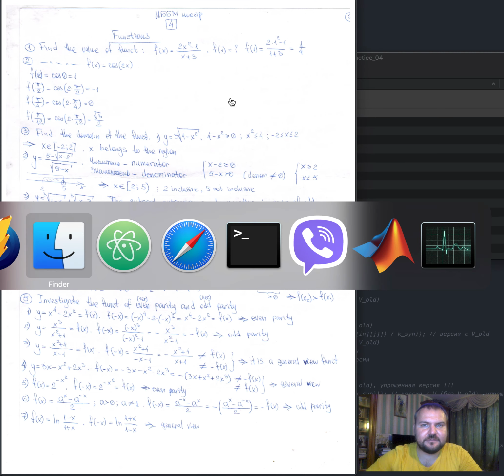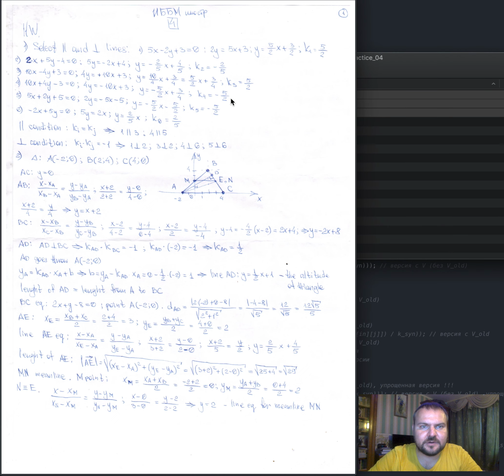The previous homework you have is about the straight line on the plane. The first example of the homework: you will have several equations of the line, and you need to select from this set of equations the parallel and the perpendicular lines.